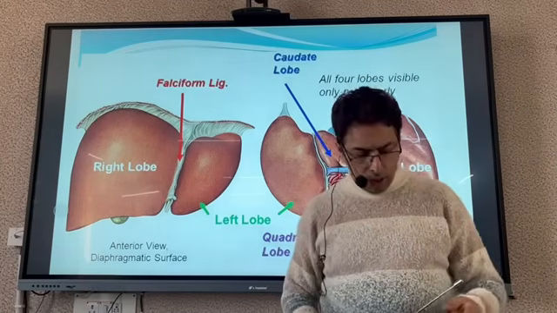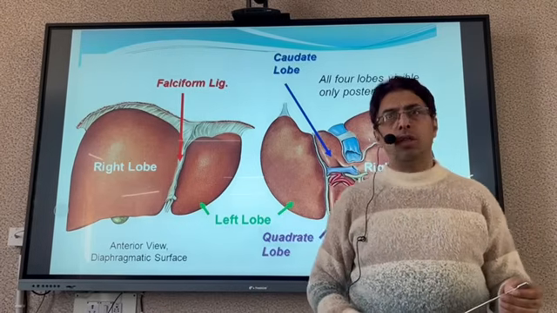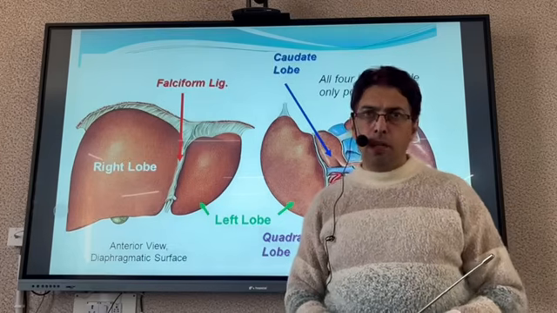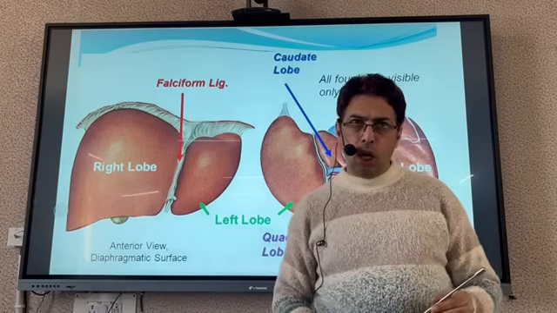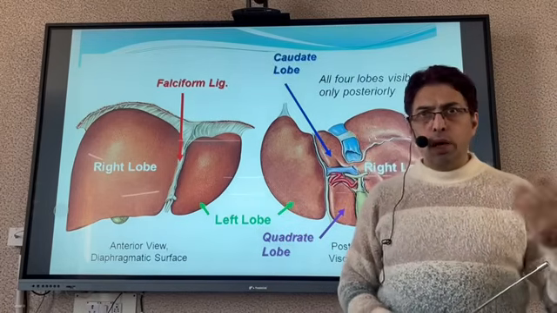the consistency of the liver. Now, as far as the consistency of the liver is concerned, I mentioned it is usually soft, but that softness may sometimes be altered, because now we have all those fibroscans and all those things which we do. Why do we do?